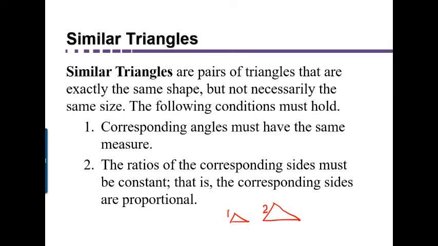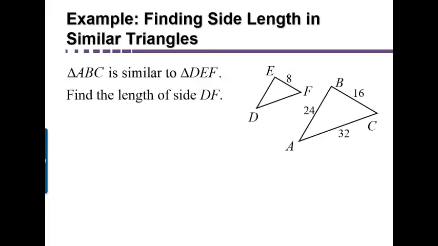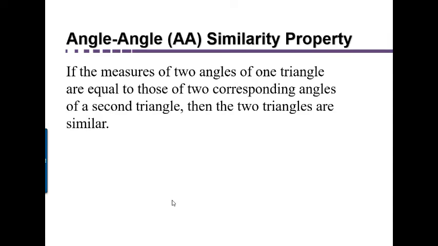So suppose that this triangle has sides of length 1, 2, and 3. Then it must be the case, knowing that this triangle has a side of length 2, that this one is 2, 4, and 6. All the sides are double if we know that they're the same shape, or in other words, that all their angles are the same. So that can be useful.